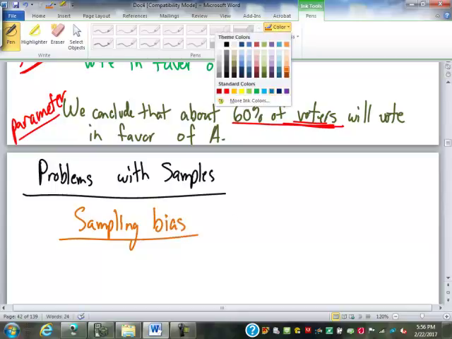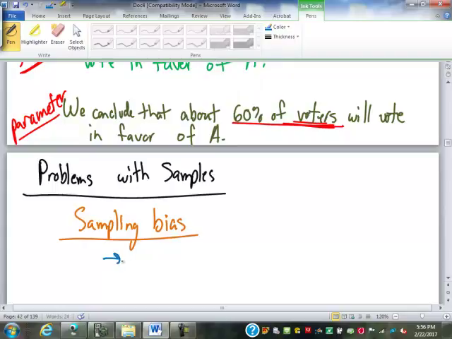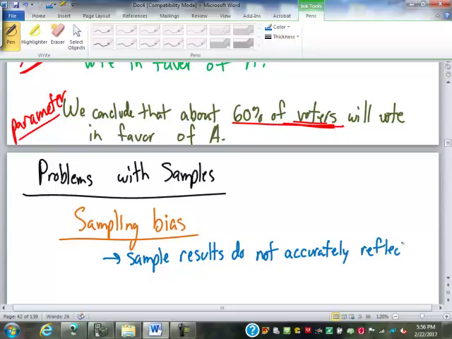And what that is, the sample results do not accurately reflect the population.